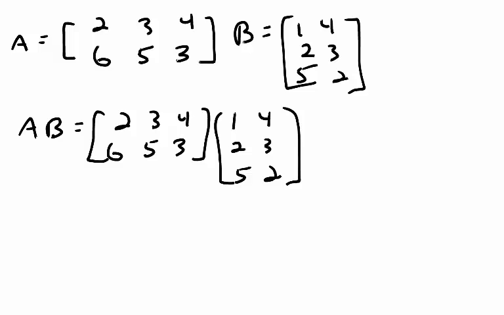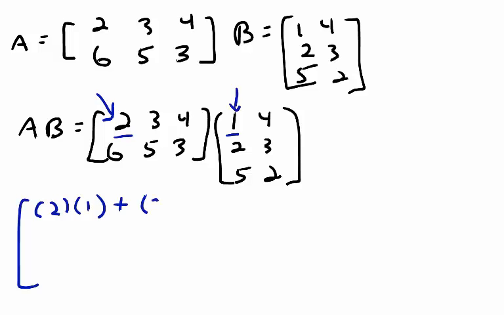Starting with row 1 of matrix A and column 1 of matrix B, we're going to multiply. So we have 2 times 1 plus 3 times 2 plus 4 times 5.